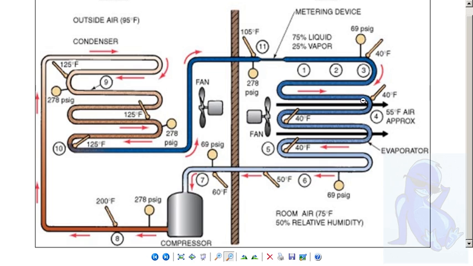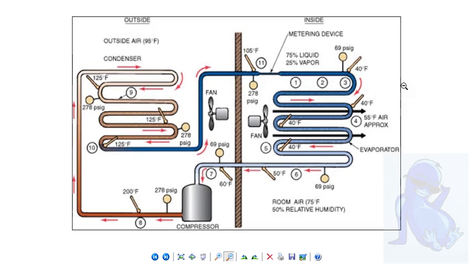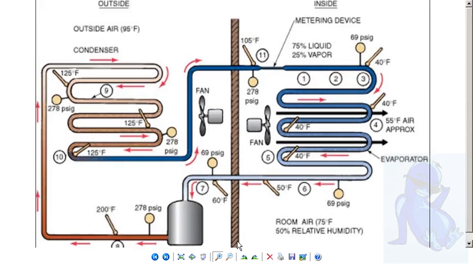And as it goes through your coil, the evaporator coil, it's going to start changing state again, back into a gas. You've got your indoor fan motor, and that fan's blowing over it, blowing the indoor air, which is roughly 75 degrees with 50% relative humidity.